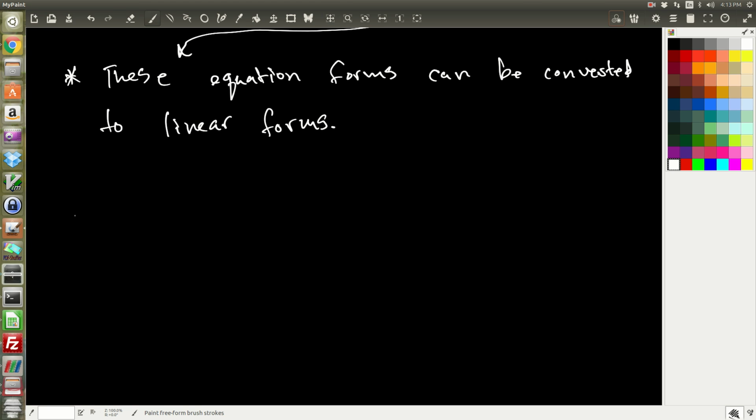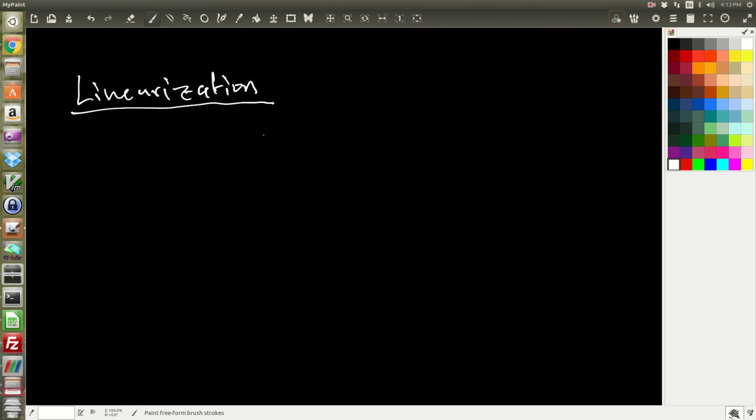Okay, so let's talk about linearization. All right, so let's just take the power law as an example, and I'll show you how to do it.